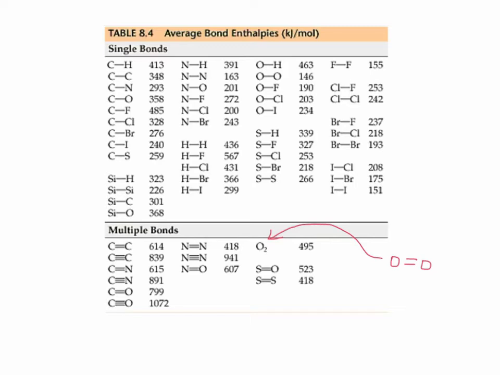That number could vary a little bit depending on how many other bonds in the molecule have already been broken, or depending on what other atoms are nearby and bonded to that carbon or nearby carbons. So for polyatomic molecules, which are molecules that have more than 2 different atoms, these numbers can vary slightly, which is why the table says average bond enthalpies. So when we calculate the enthalpy, we again will be calculating averages.